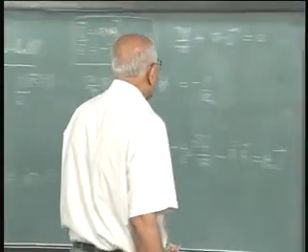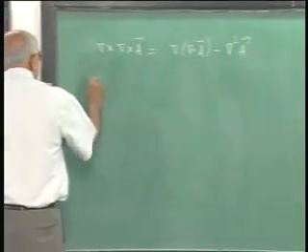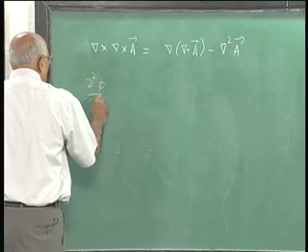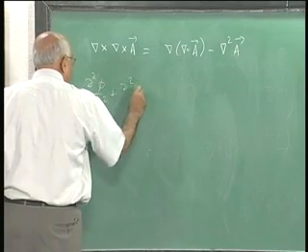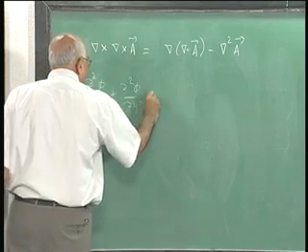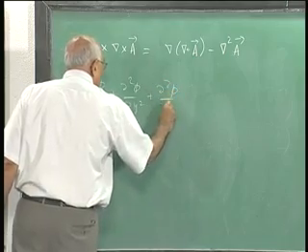A Laplacian of a scalar function simply says, so if you got phi, it is d2 phi over dx2 plus d2 phi over dy2 plus d2 phi over dz2.